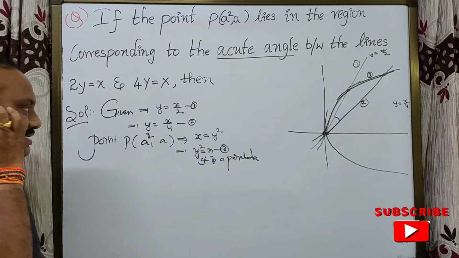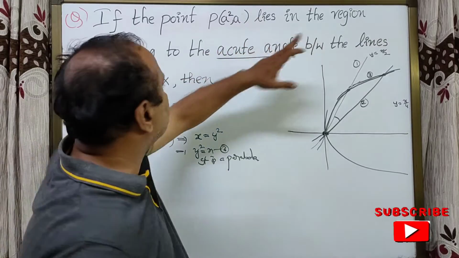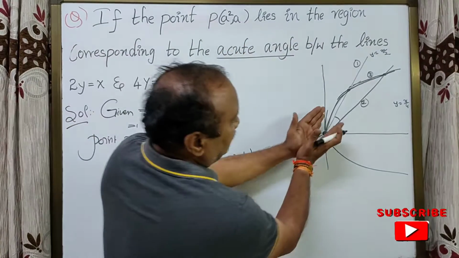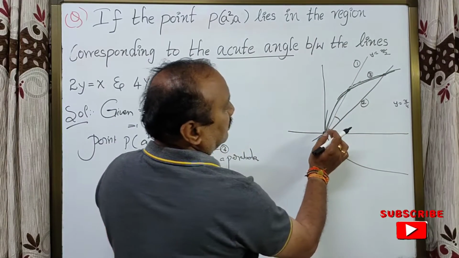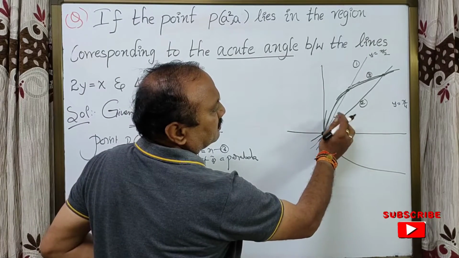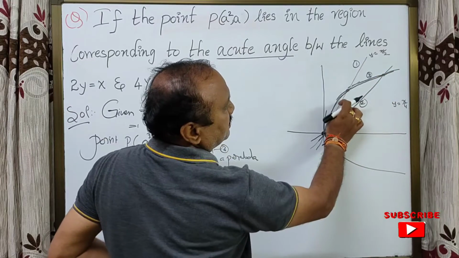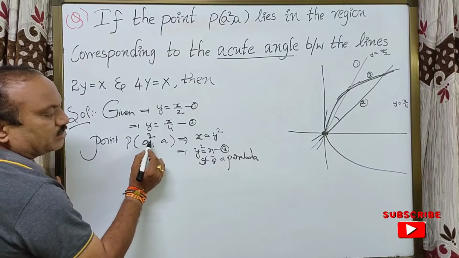My dear students, the point P (a², a) lies in the region corresponding to the acute angle between these two lines, so point P moves there. It does not move in other places, because I told you every point has a locus.